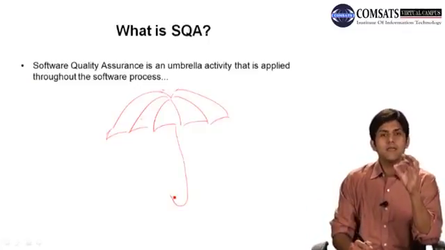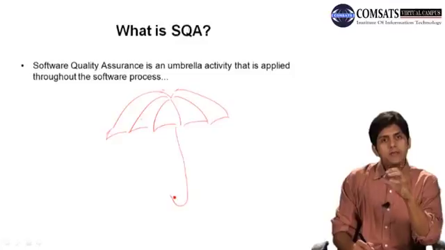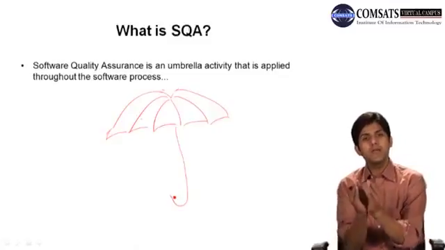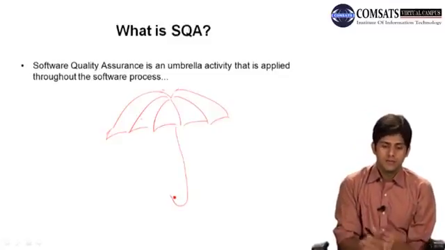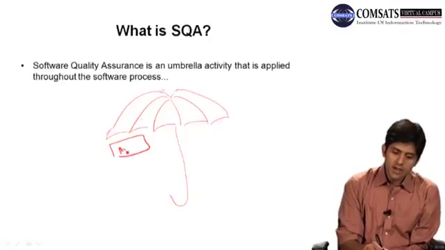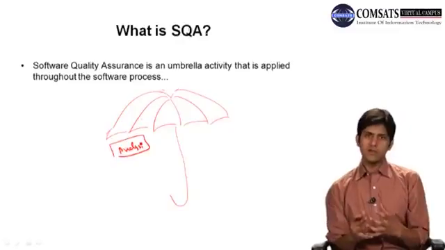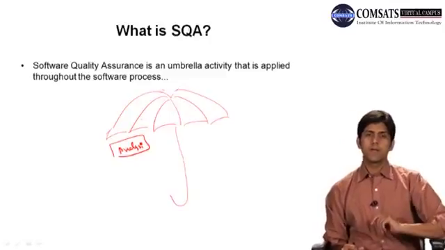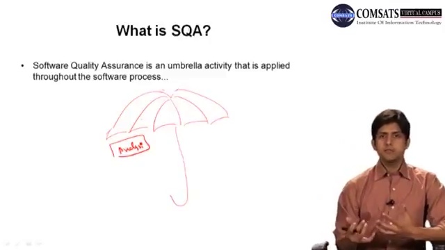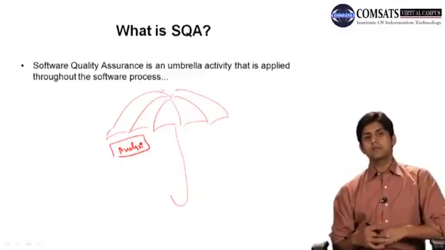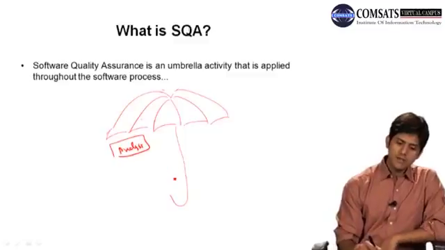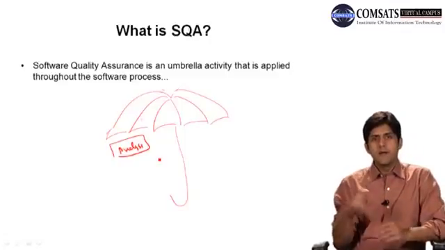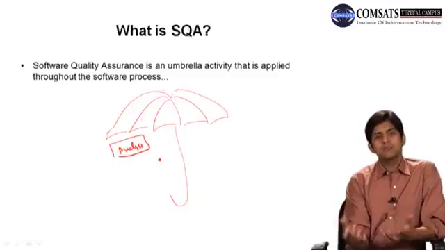That means we cannot say that we need to ensure quality in implementation, or in testing, more than in any other stage. The reason is, suppose we said we will ensure that everything we do in analysis is up to the mark and of very good quality, and you have a very good list of requirements which are unambiguous. But then you said that after that we will not do it in design, we will take a very laid back approach to quality, because we have gathered such good requirements that we do not need to worry about design.